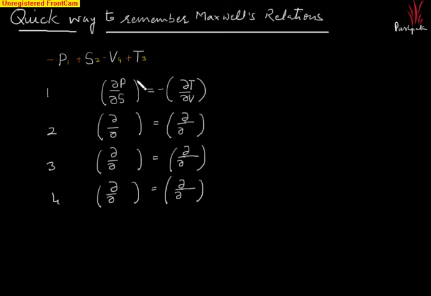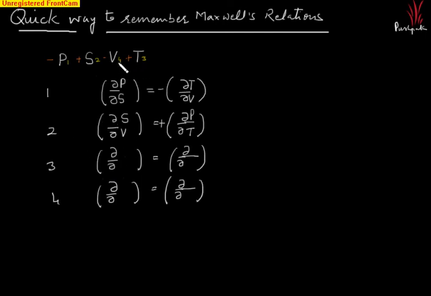Now for the second equation, we'll start with number 2, that is entropy. Next volume, next temperature in cyclic order, then pressure. It is starting with S, which is positive, so this equation will be positive.